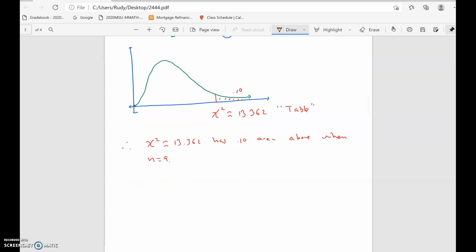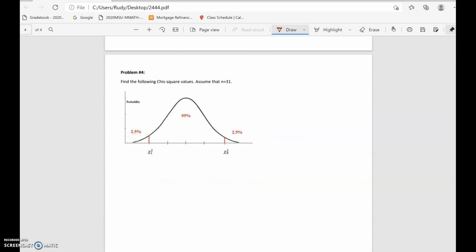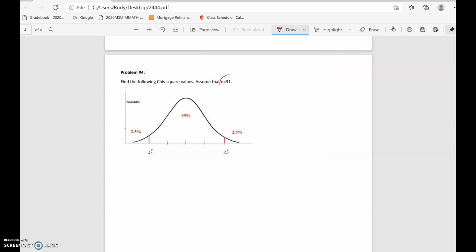Let's go to problem 4. On problem 4, this is what you're going to have on some of the problems on the main topic of the week, which is confidence intervals. In this case, our degrees of freedom are equal to 30.